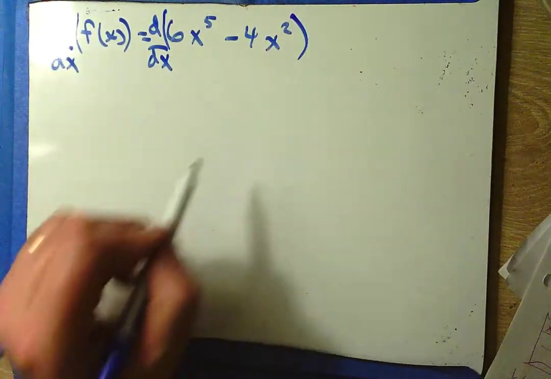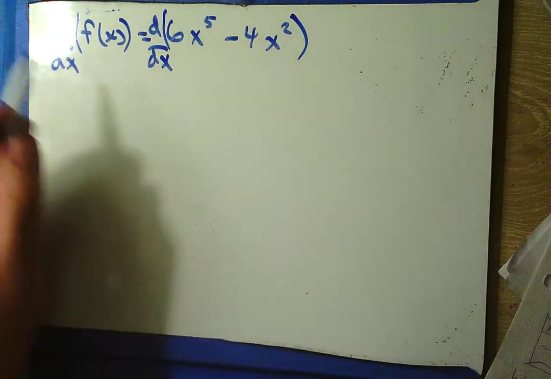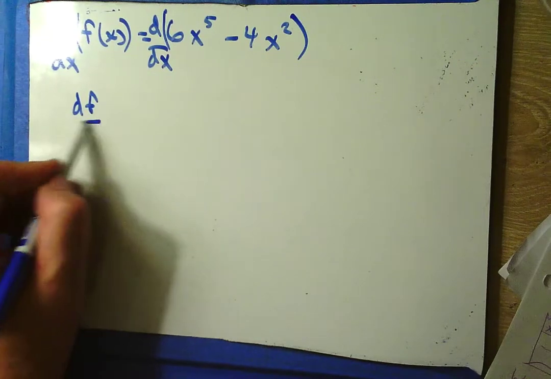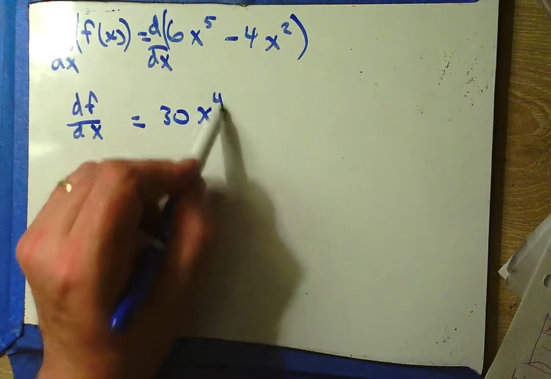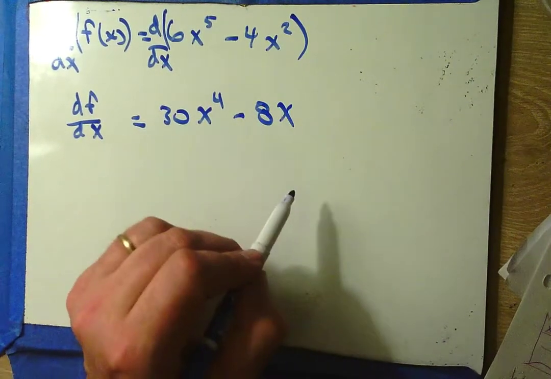Take the derivative of both sides. And so we'd have df dx equals 30x to the 4th minus 8x.